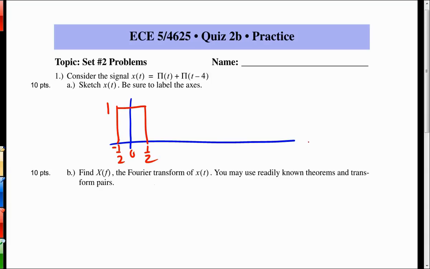And then the other one is centered on 4, and it goes from 3.5 to 4.5.